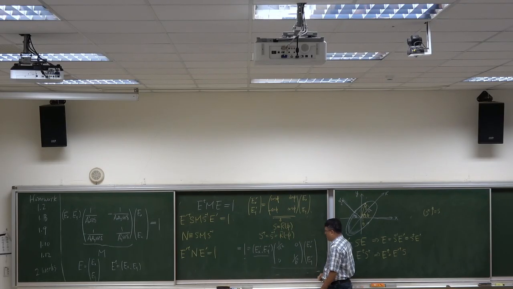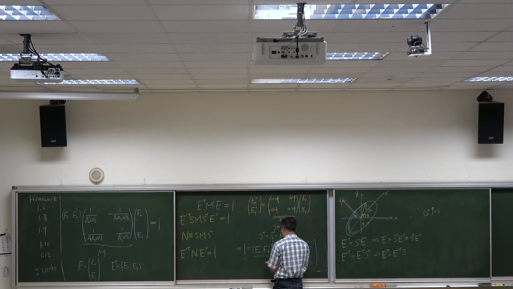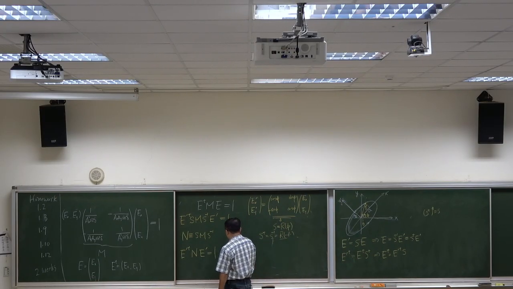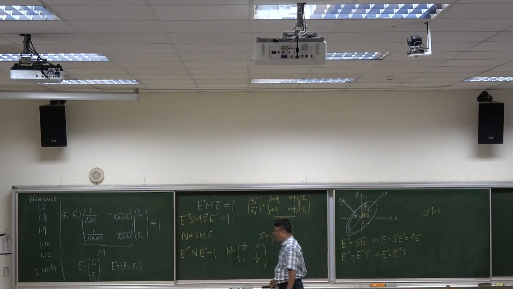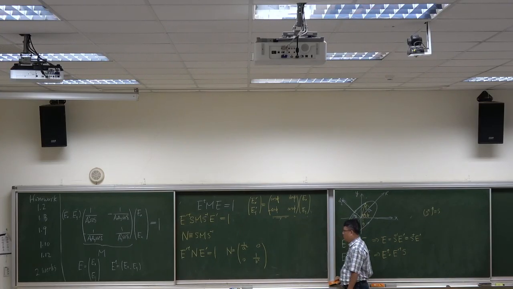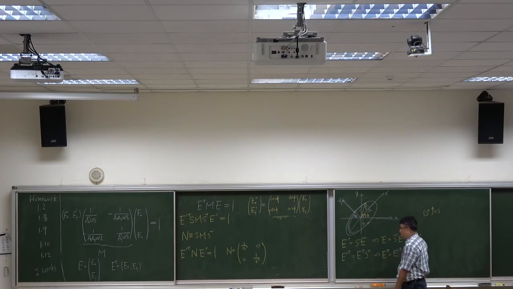However, we know that N is nothing but this diagonal matrix. What is N? N is this matrix. This diagonal matrix. Okay?